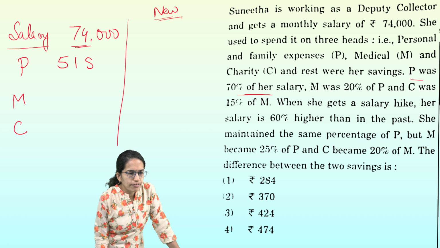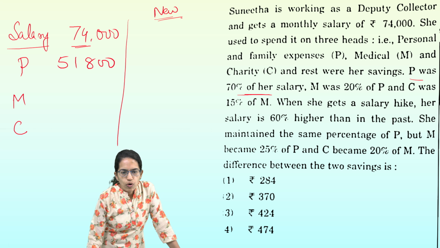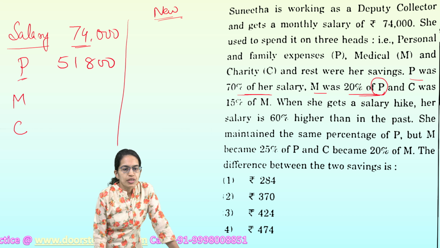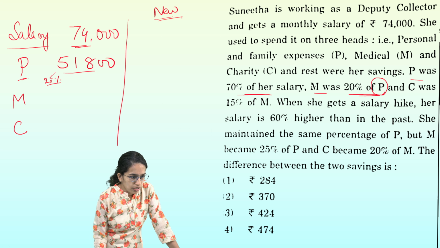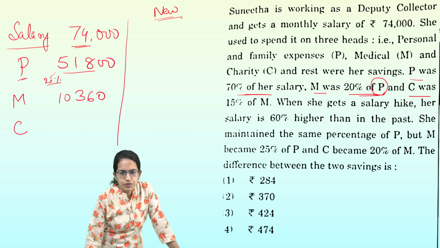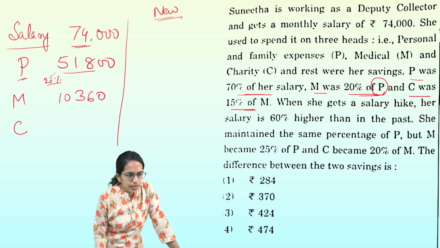That comes to 51800. Now M is 20% of P. Now of the personal expenses that she has, 20%. So 20% of this would give me 10360, and then C is 15% of M. So of this value, when I calculate 15%, I get 1554.